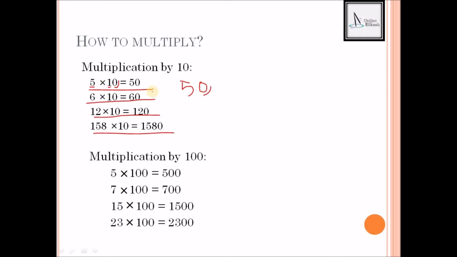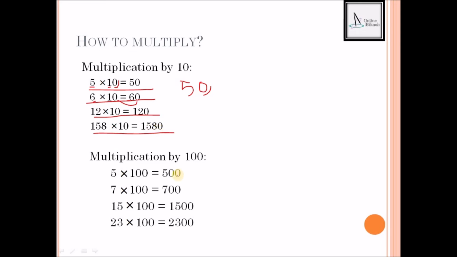Okay, similarly 6 1s are 6, and you just put the zero behind it like this. Okay, so 12 into 10 is what? 12 1s are 12, just place this zero at the last. 158 1s are 158, and you just place this zero at the end.